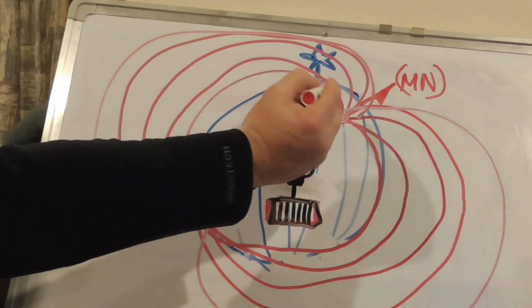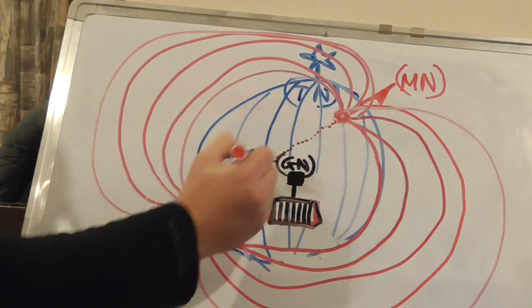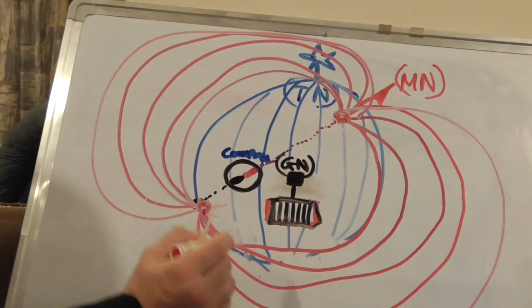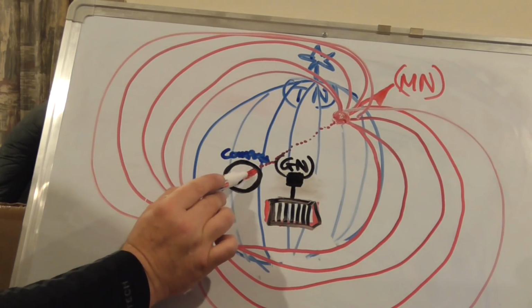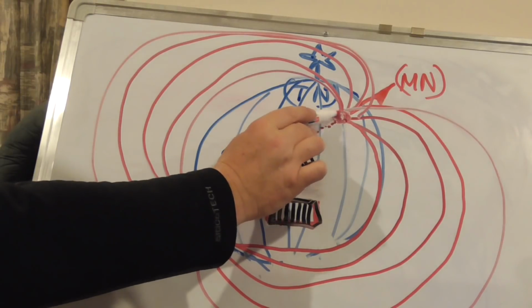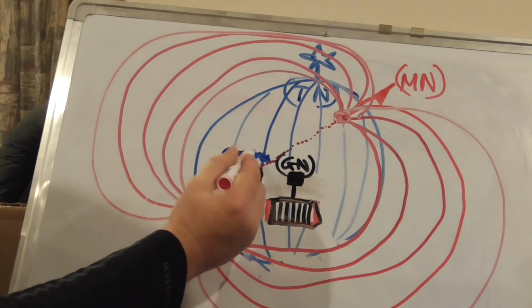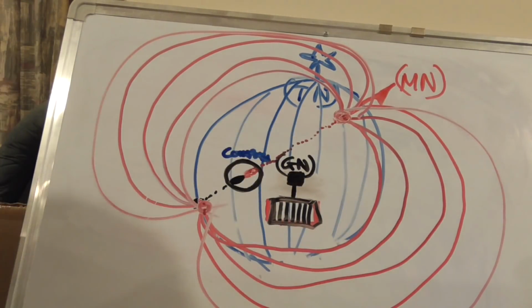But it comes out at a certain point on the planet. It comes out of the north and it goes in through the south. And our magnetic needle points to that magnetic north where it comes out. That's why our magnetic needle points there.